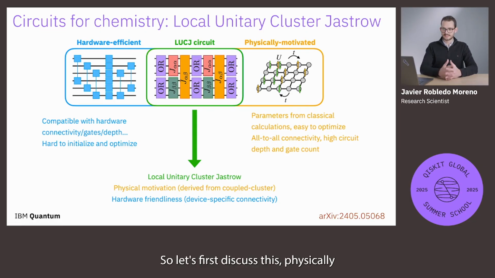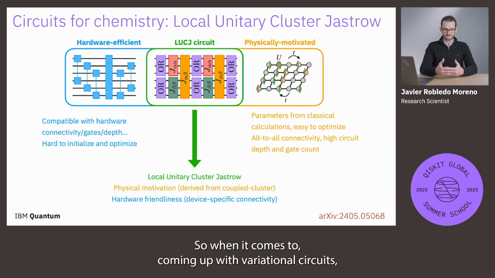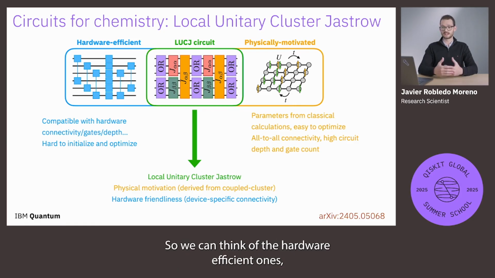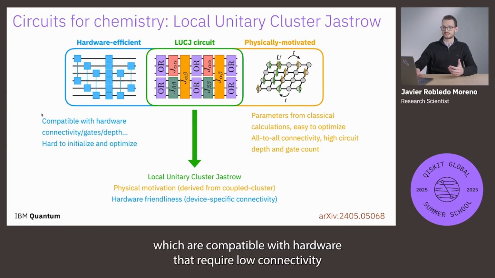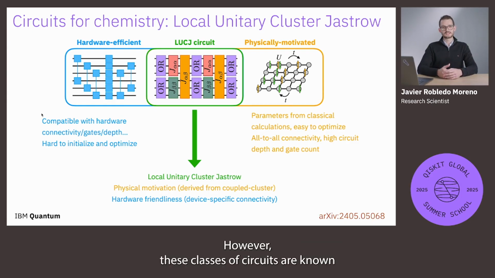So let's first discuss these physically motivated classes of circuits, the local unitary cluster Jastrow. When it comes to coming up with variational circuits, there are two very separate classes of circuits that we can think of. The hardware efficient ones, which are compatible with hardware. They require low connectivity, a relatively small number of gates and depth. However, these classes of circuits are known to be hard to initialize and to optimize.